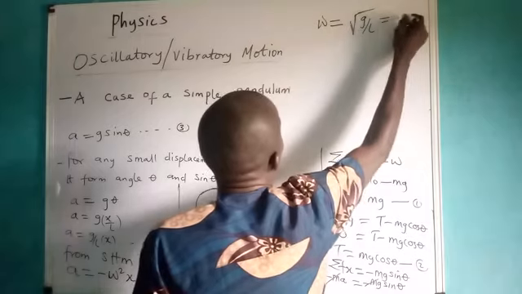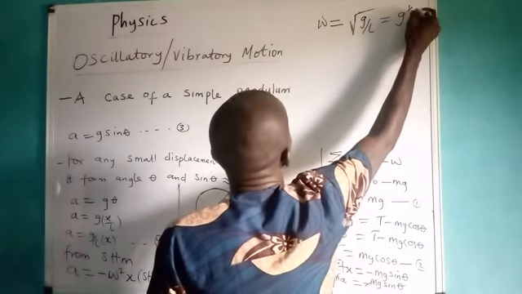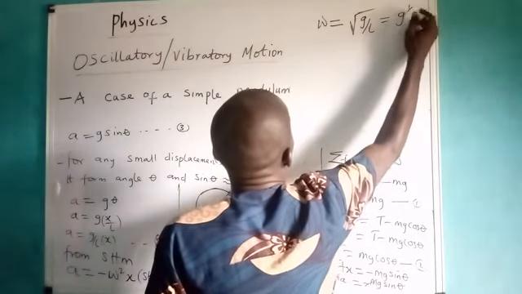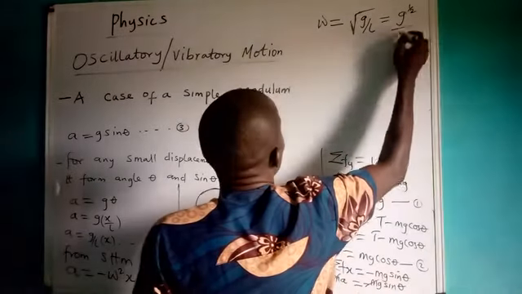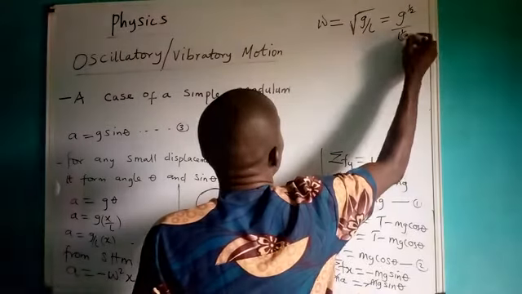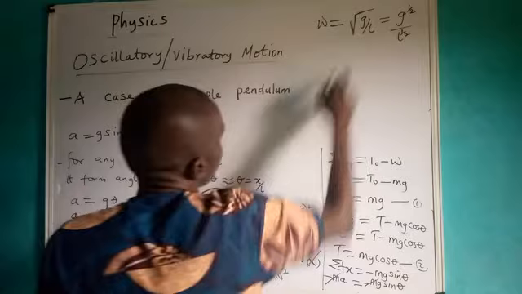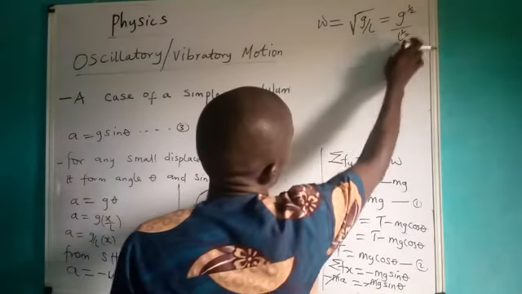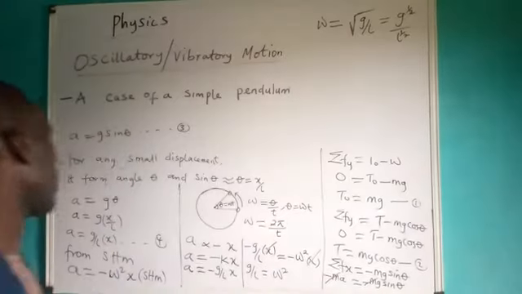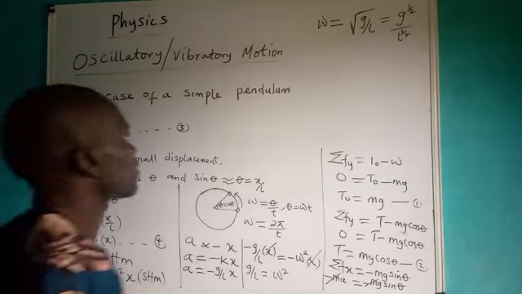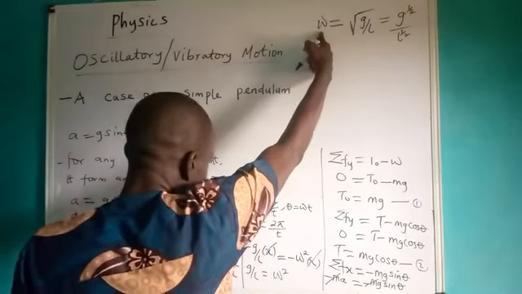It means that we are having g power half and also L power half. The square root affects g and also affects L. In this case, I cannot replace my angular velocity.